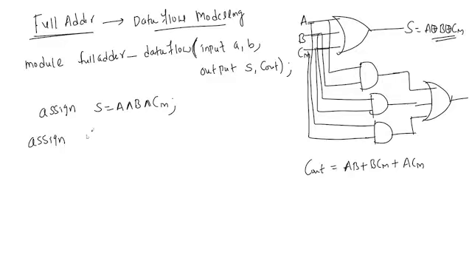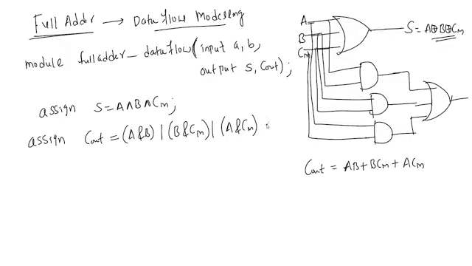And next, assign carry out equal to what? Carry out equal to A and B, or next B and C in, or A and C in, by using bitwise and, or operators.